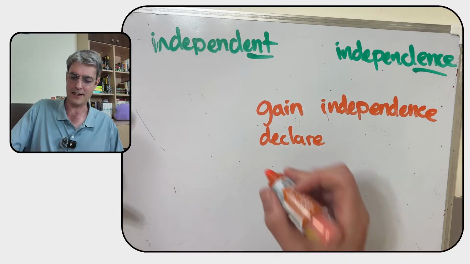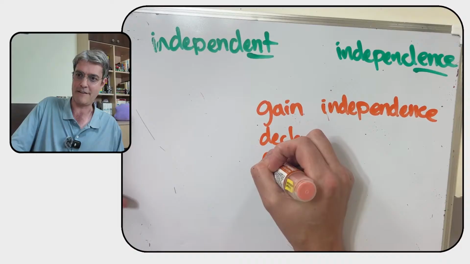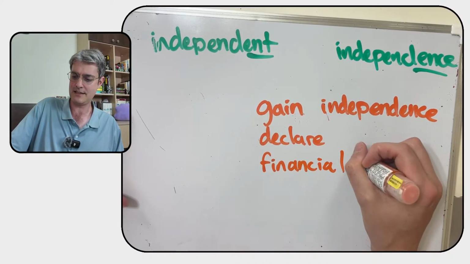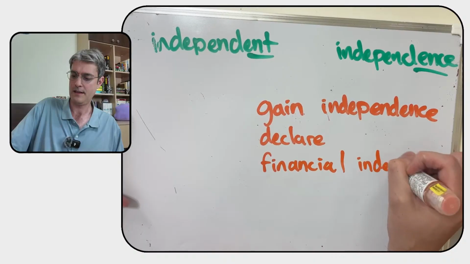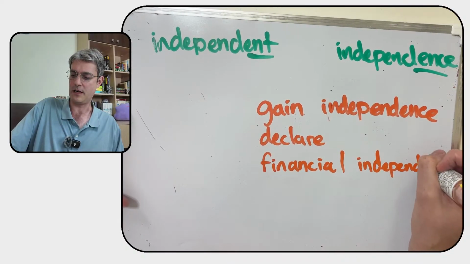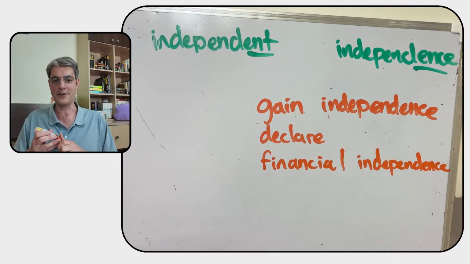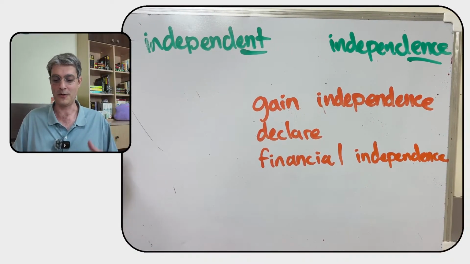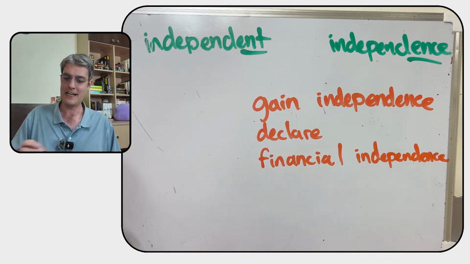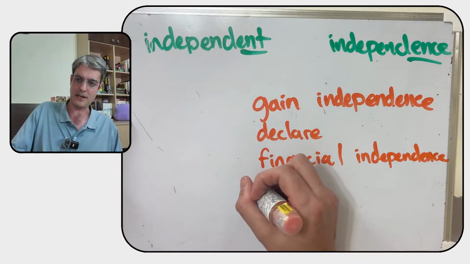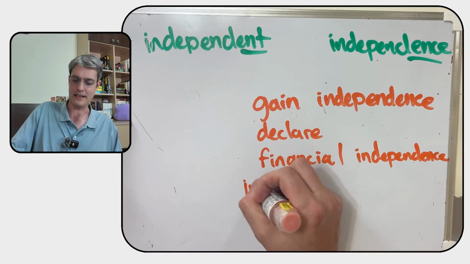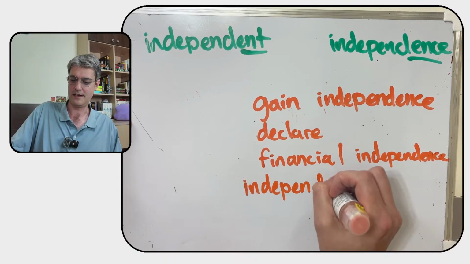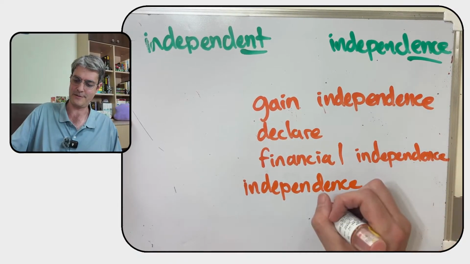Another one is just like before, we have financial independence. All right, so once you are working on your own and not relying on others to pay your bills, you have financial independence. And another one we'll see often is an independence movement.